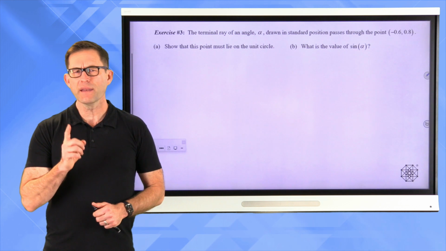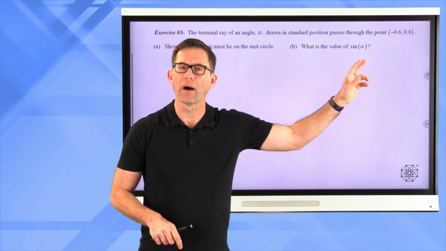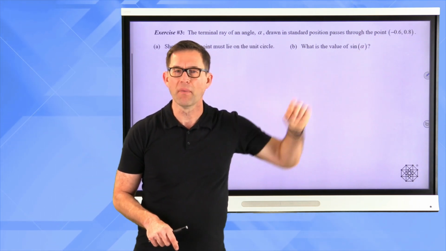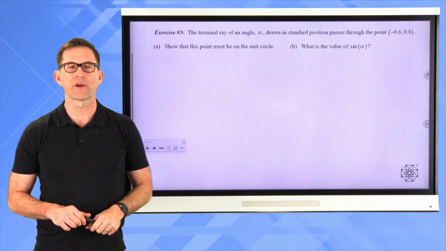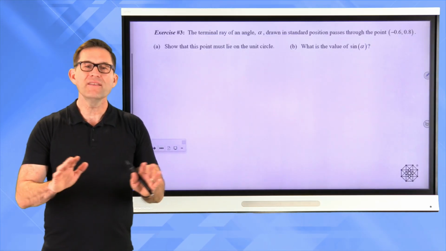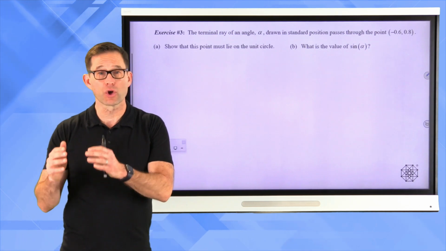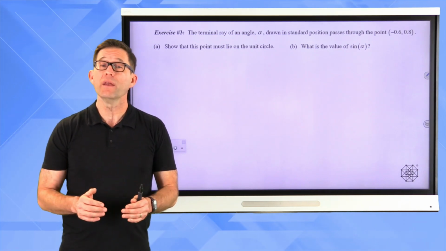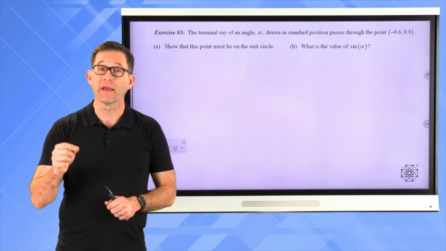All right, I'd like you to pause the video right now and think about how you would actually go about showing that this point must lie on the unit circle. Pause the video now and see if you can figure out how that's done. Well, anytime we're trying to show whether a point falls on a particular curve or not, we need to substitute it into the equation of that curve and show that it makes it true.